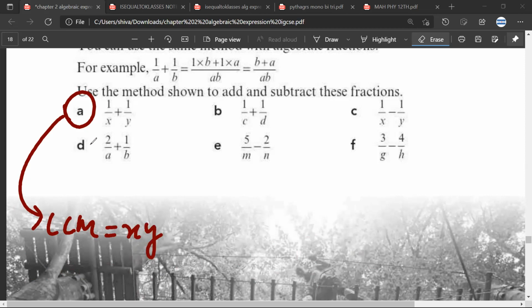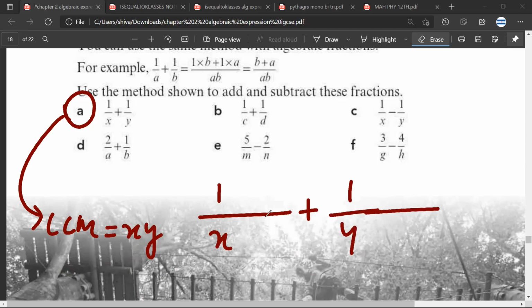Then I repeat the same process again and again. There is nothing new in these questions. What should I do, Satya? X would be multiplied by? Y. Sorry, y and 1 into y. Then Y would be multiplied by? y into x and 1 into x.